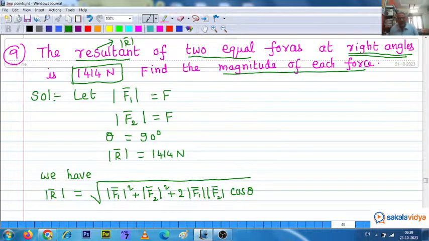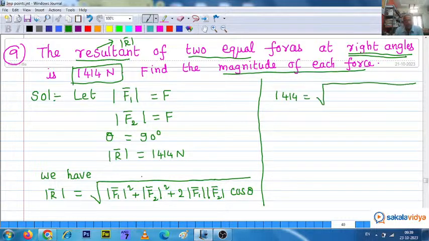Let us substitute the respective values. So mod R bar is equal to 1414 equals root of, this is F square plus this is F square, plus 2 into F into F into cos 90 degrees, write down.